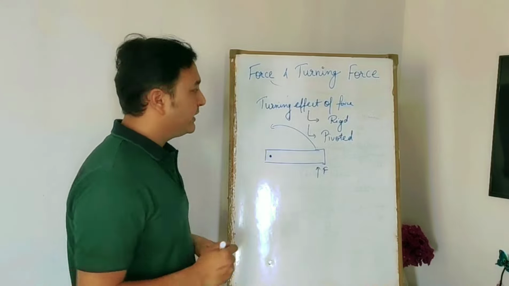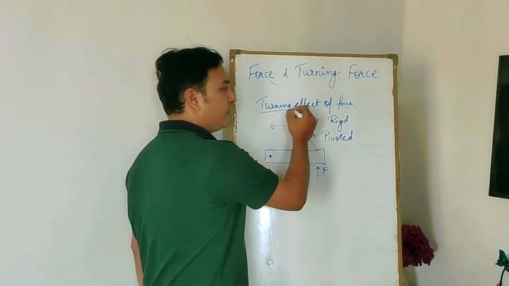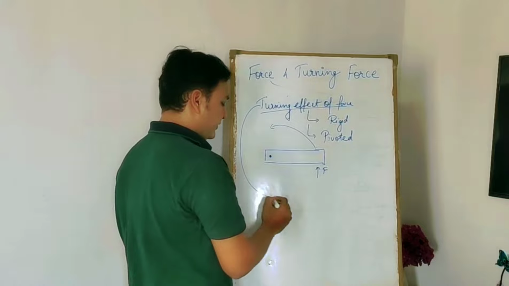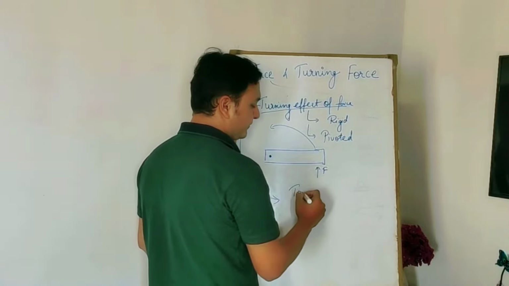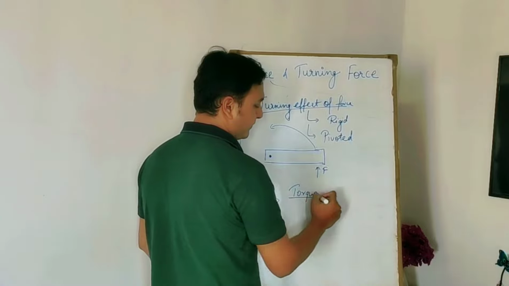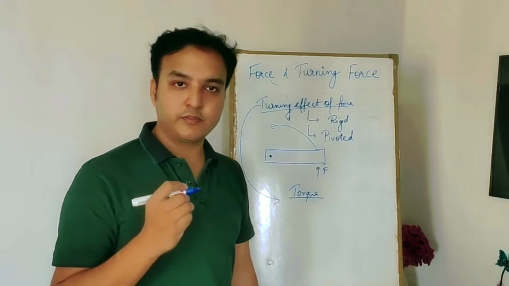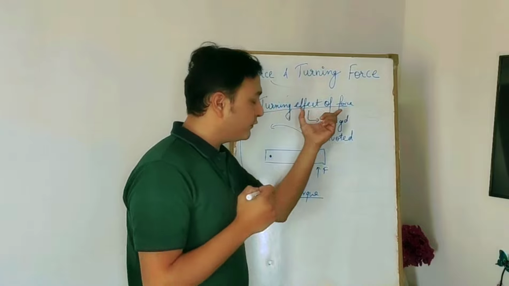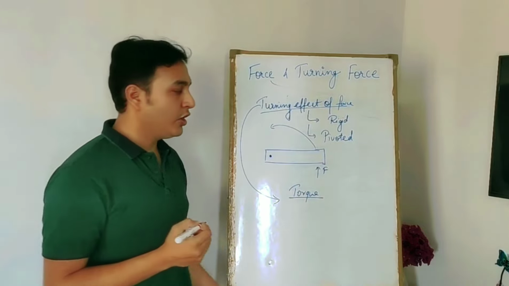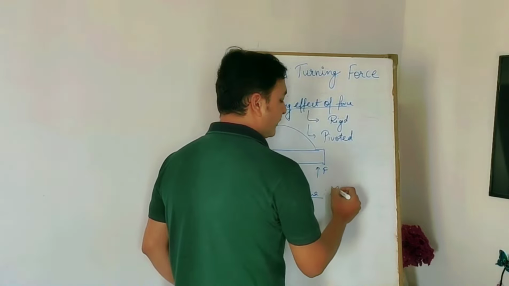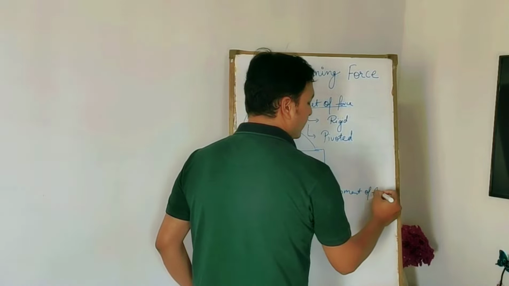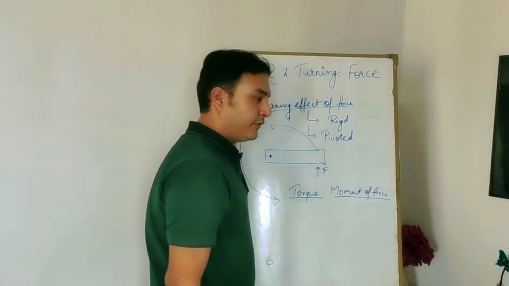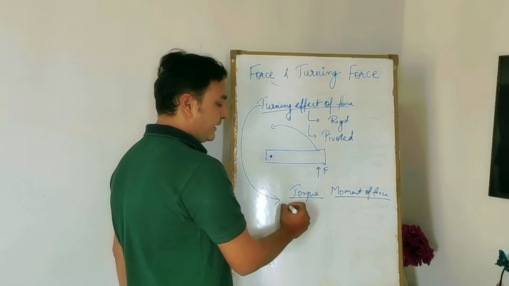And this turning effect of force is measured by a term known as torque. This turning effect of force is measured by torque, also called moment of force, which is represented by tau.